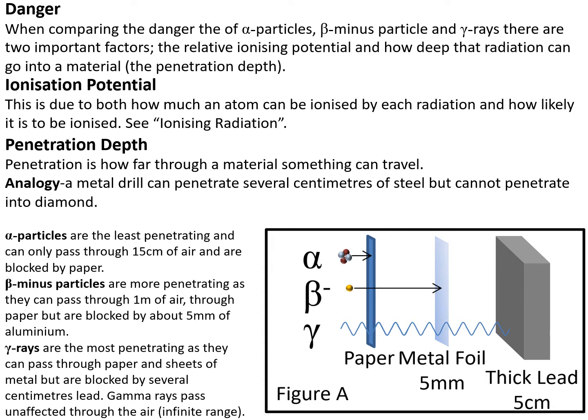They are the most penetrating as they can pass through paper and sheets of metal, but they are blocked if you have several centimeters thick of lead. Now, gamma rays can also pass unaffected through the air. Effectively, gamma rays have an infinite range through the air.